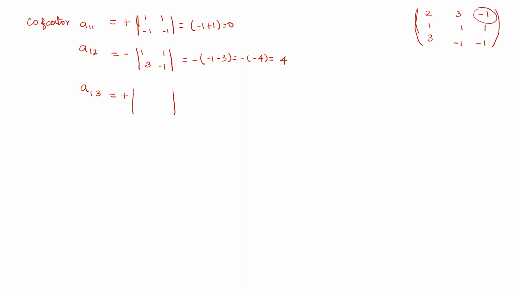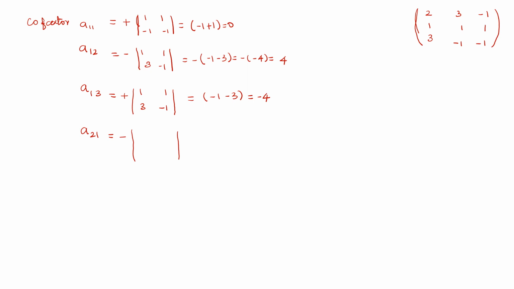We remove the first row and the third column, so you get 1, 1, 3, negative 1, equal to negative 1 minus 3, equal to negative 4. Now once again we find the second row, the cofactor of A21. We take the negative of the minor matrix of 2. So what is the minor matrix of 2?